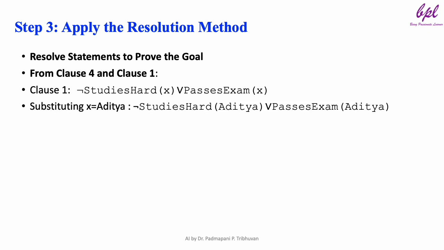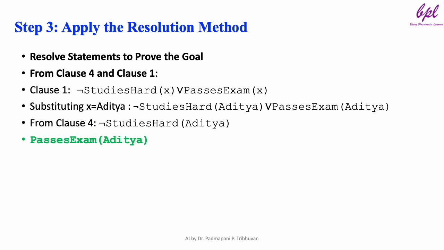By substituting X equals Aditya, we get Aditya not studies hard or Aditya passes exam. Clause 4 is Aditya not studies hard. There is a common factor in both the clauses, so we will deduce that Aditya passes the exam.